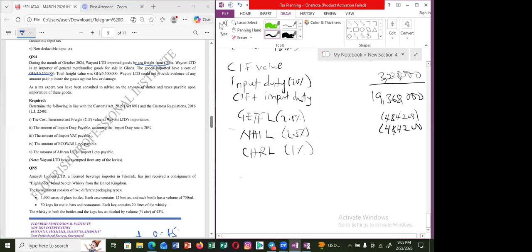So I thought it's supposed to be on CIF plus duty. No, no. It's import duty rather that is on CIF. Hello, sir. It's import duty on CIF, the levies on CIF, VAT on everything. Really? Oh, okay. No, I had it wrong there.